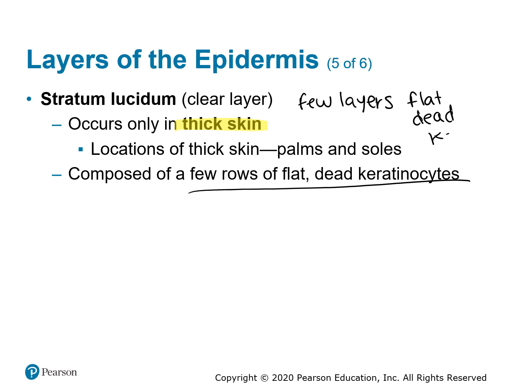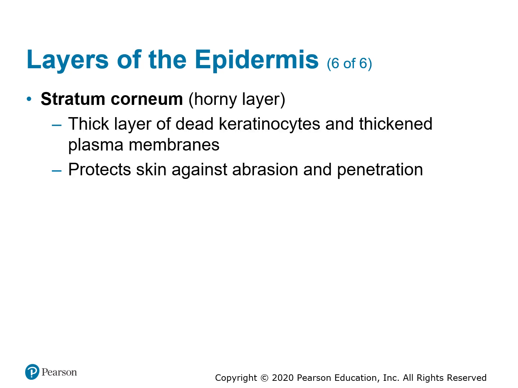And then our top layer, the stratum corneum, also known as the horny layer. It is a thick layer of dead keratinocytes and plasma membranes, and it protects the skin against abrasion, being poked, being prodded, all of that stuff.